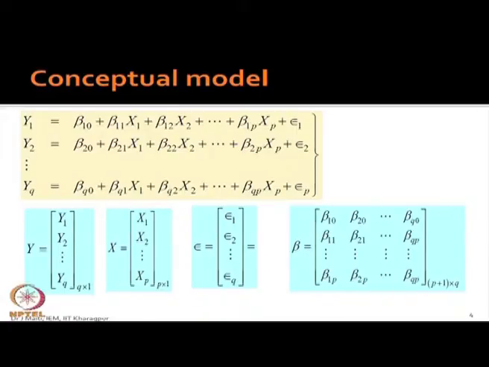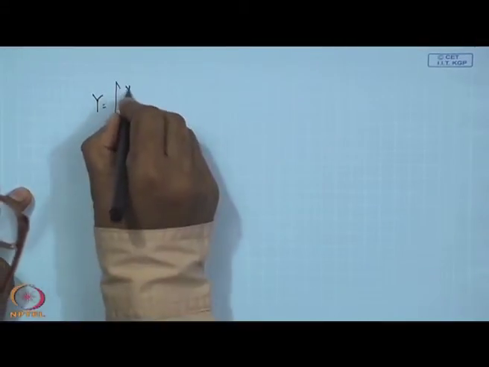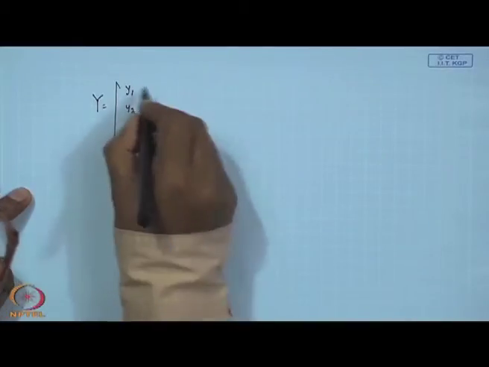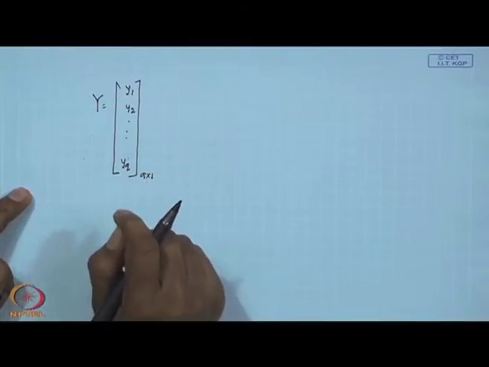Matrix term, if we want to write, what we will get? We will get y variable which is y1, y2 like this yq, q cross 1.